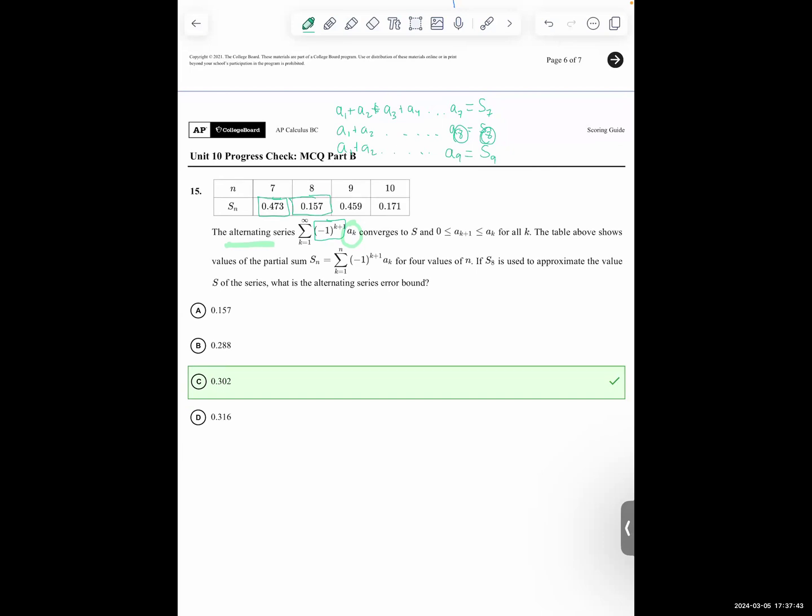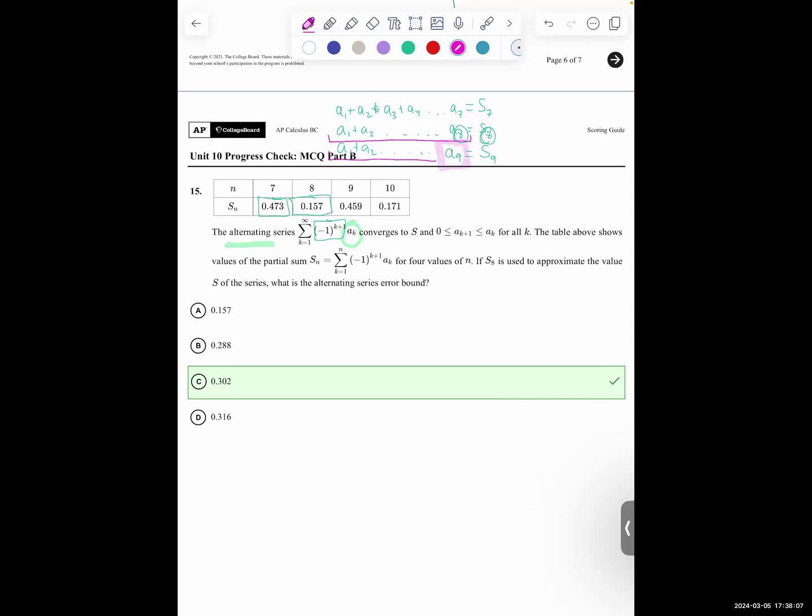Okay, now if I wanted to figure out what the alternating series error bound is, the definition is that it is the first term that's left off. So I highlighted it here, it would be a sub n. Okay, so to figure that out, all the partial sums leading up to S sub 8 is a sub 1 through a sub 8.